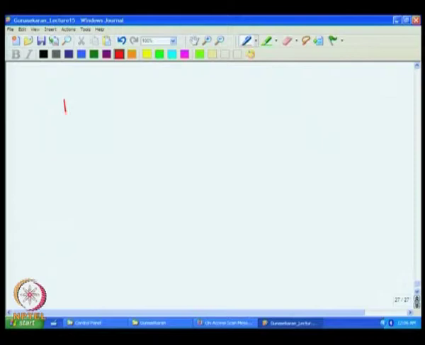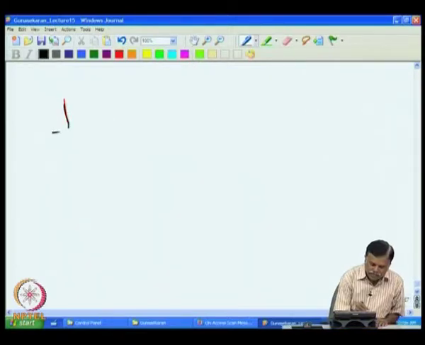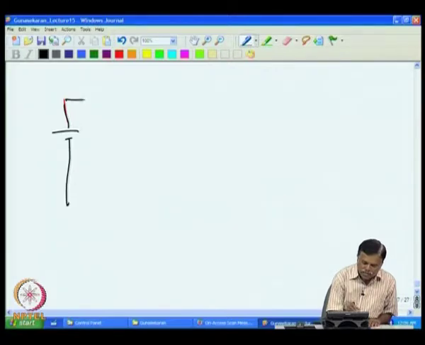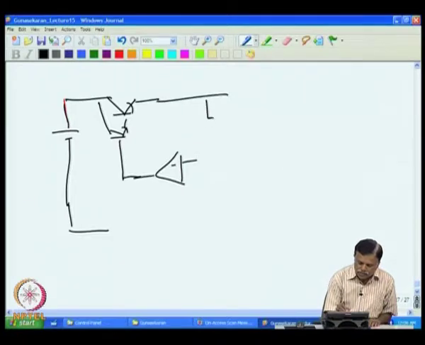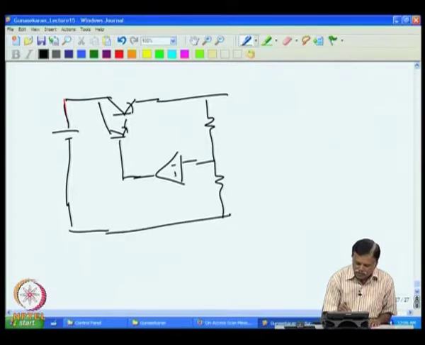For that, we had the input stage as a voltage regulator, followed by a current transmitter.